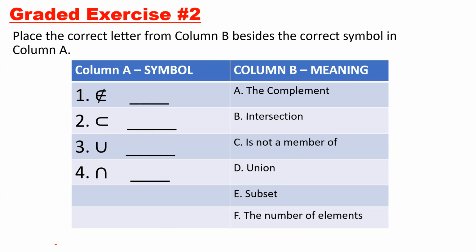Hello? You did not do graded exercise number 1. I sent it. I did send it. So you're calling me a liar. That's what you're saying. Your graded exercise number 1. Wait. Let me see something.